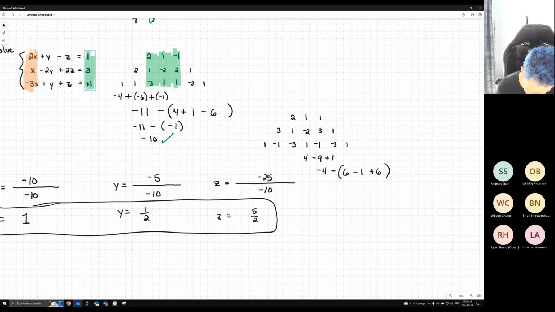So let's see if we get it this time. Negative 4 minus 11. Six plus 6 is 12. 12 minus 1 is 11.